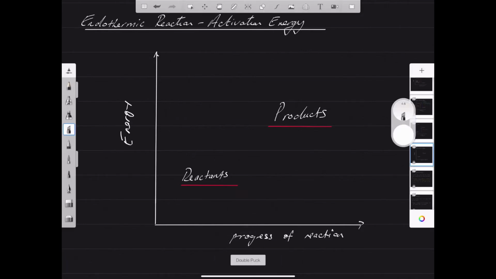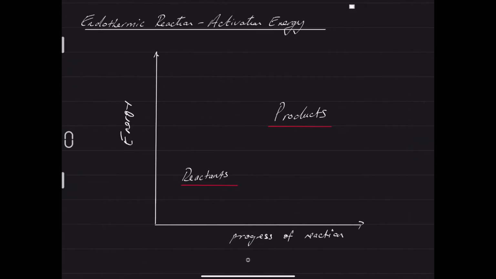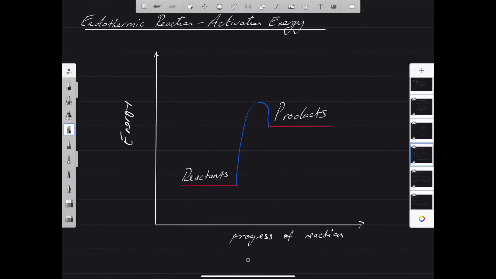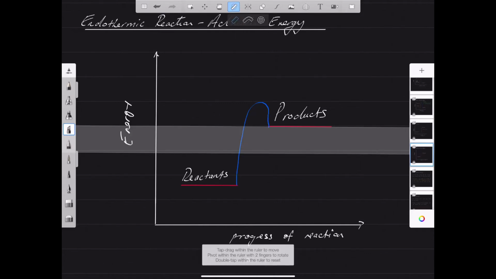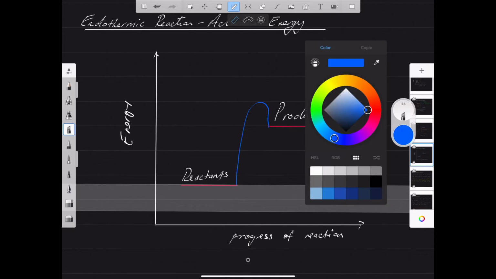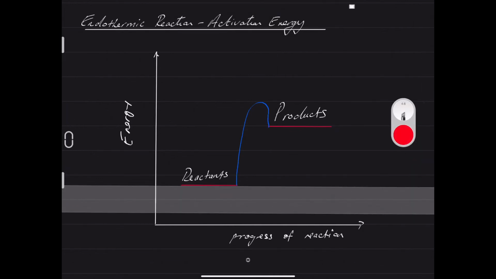Now, since we're looking at the activation energy, we're focusing more on the curve part of the graph. So this is what we are essentially looking at. Now, the way to represent the activation energy level here: if we extend the line from the reactants, just a dashed line, it makes it easier to quickly identify the activation energy.